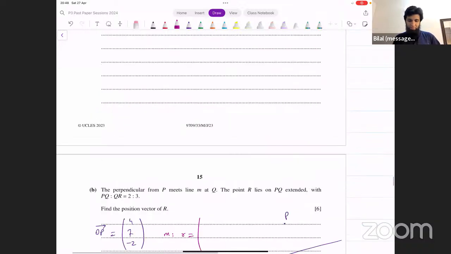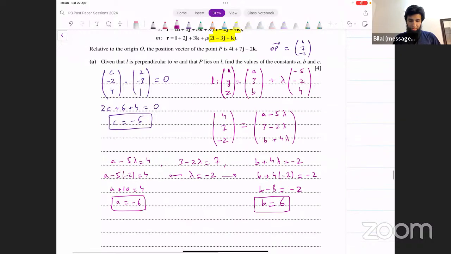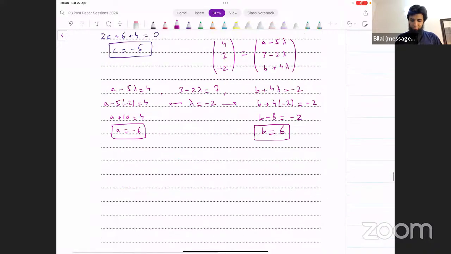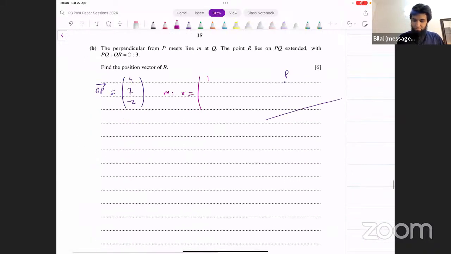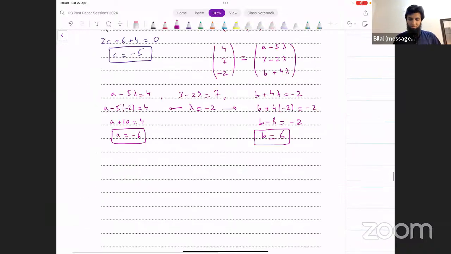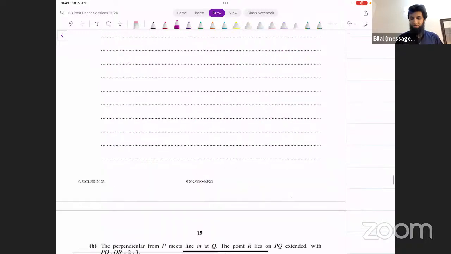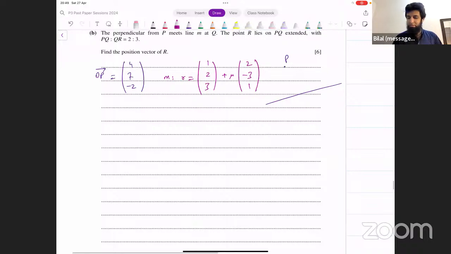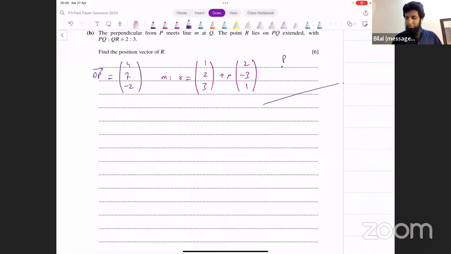R equals 1, 2, 3 plus mu into 2, minus 3, 1. That's the line M.